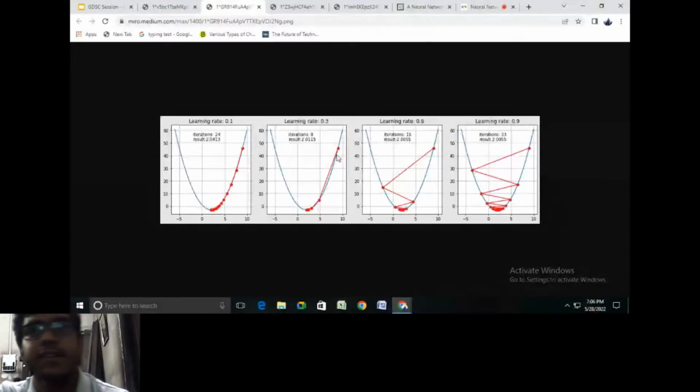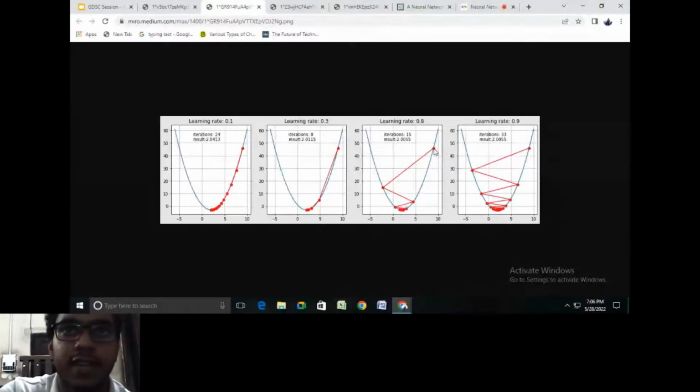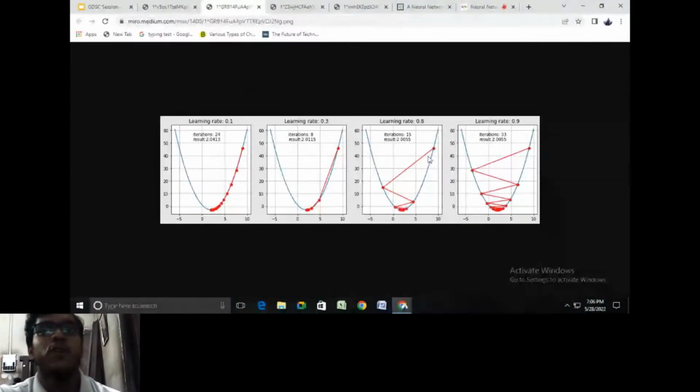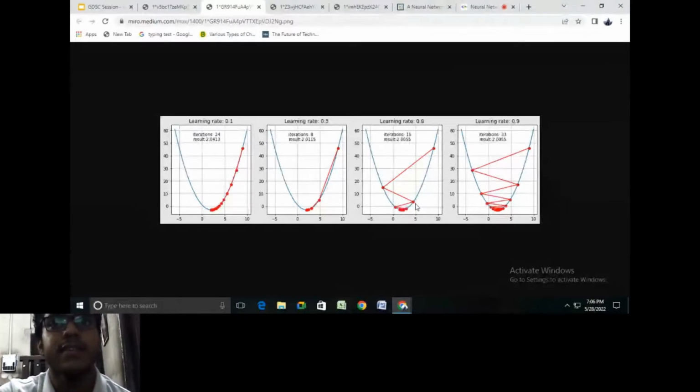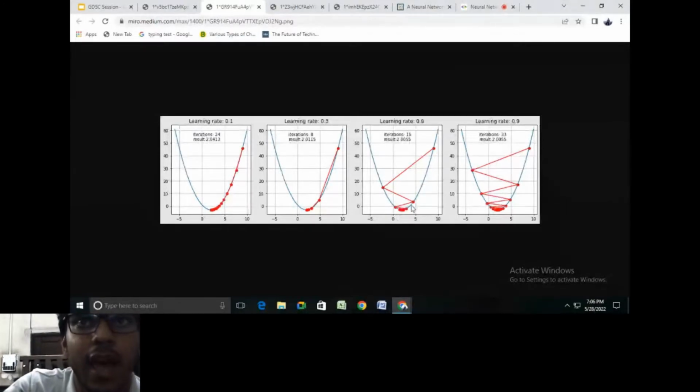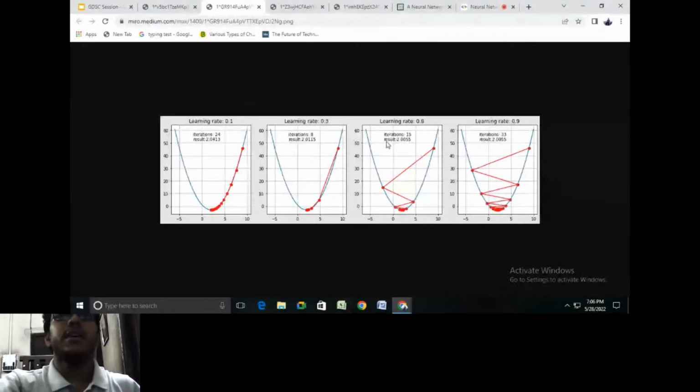In the third case, in the first iteration itself, we overshoot the minimum. In the second iteration, we overshoot the minimum yet again. And like this it goes on, and finally it takes around 15 iterations to reach the minimum.